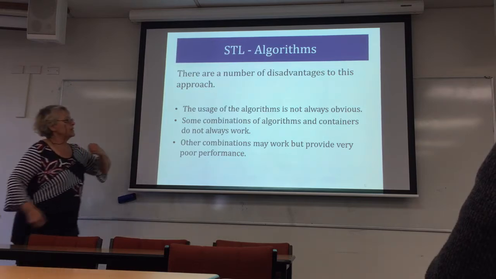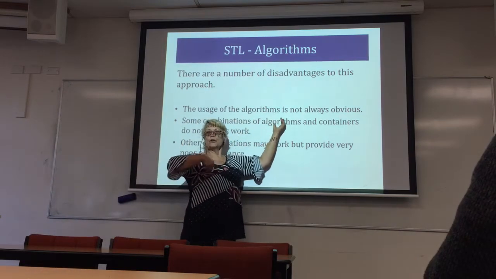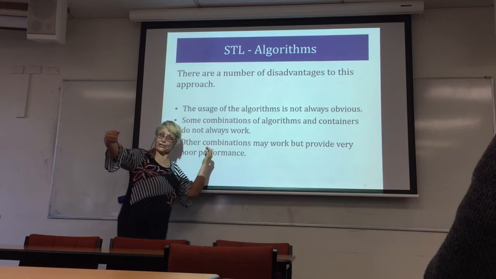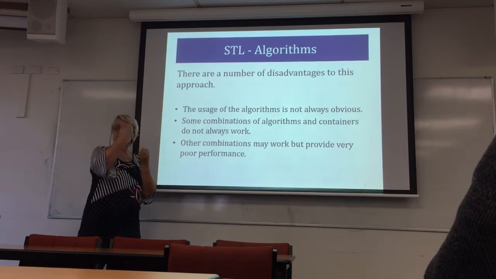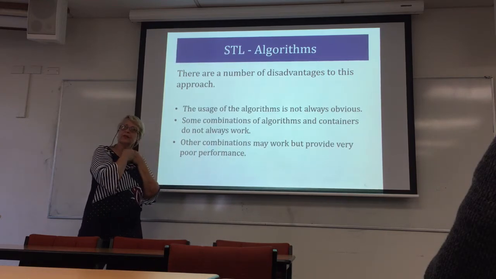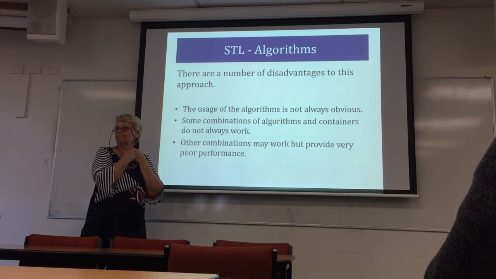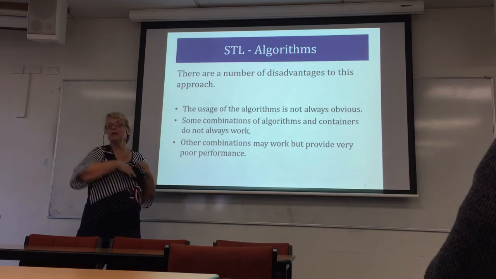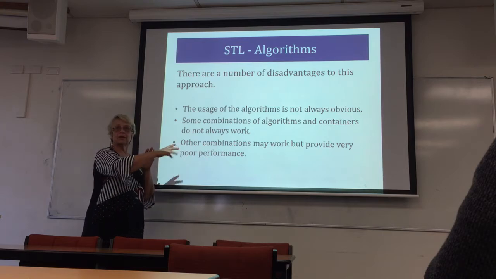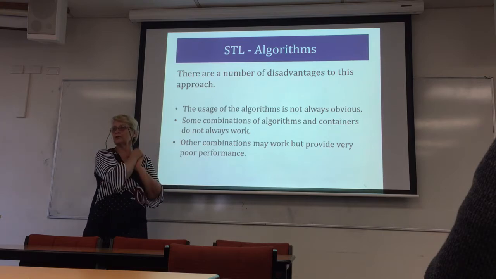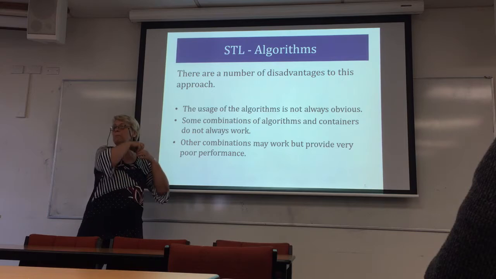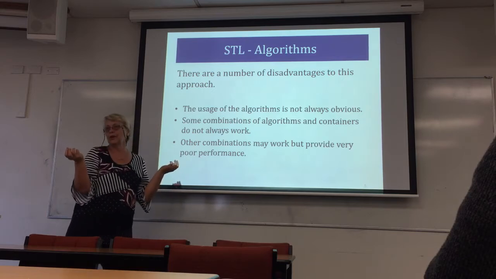Because algorithms are performing specific tasks, for those tasks they need a specific type of iterator. For minimum in range, as you have seen, you need a forward iterator, but for sorting you need random iterators.